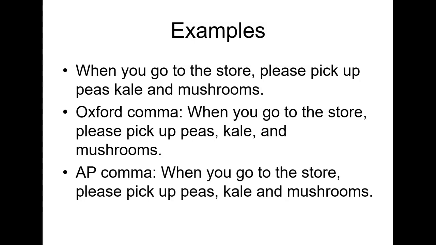In that Oxford comma, using that variation of the rule, we're going to put in two commas there. Now with the AP comma, when you go to the store, please pick up peas, kale, and mushrooms, we only add in one comma in between peas and kale. We do not add in the second comma between kale and the word and.